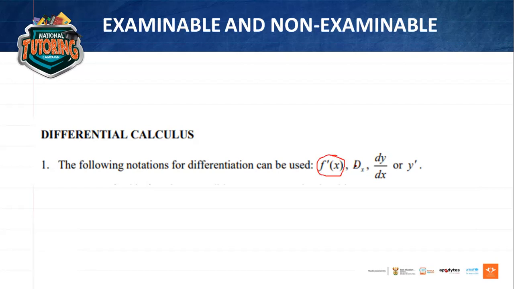And also we can use dy dx, which is the derivative of y with respect to x, or it can just be y prime. So please make sure you are familiar with all the different notations. They mean exactly the same thing, all right? And do remember that when we find a derivative, what we are basically finding is a gradient at the point. A derivative is actually a gradient at the point.